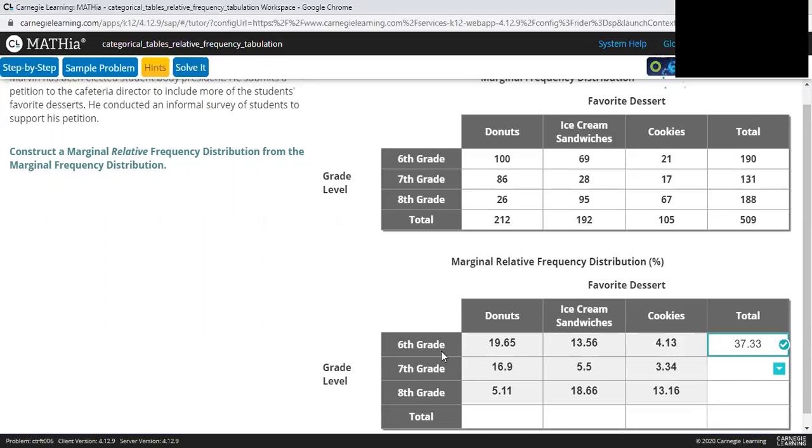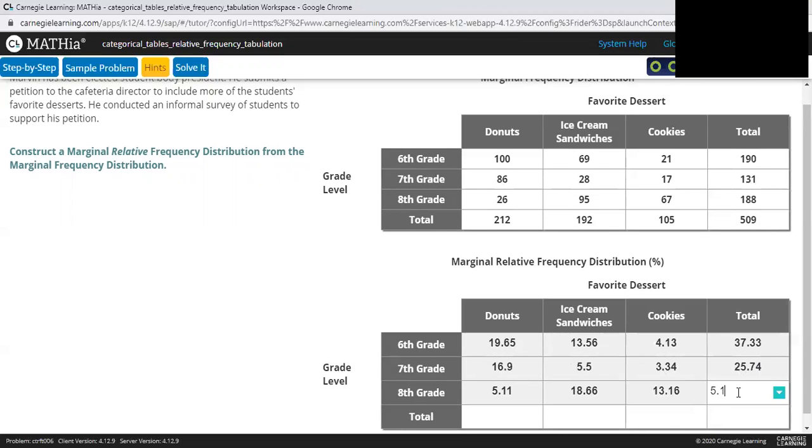So out of the entire population, we have surveyed 37.33% were 6th graders. Okay, so 7th graders, 16.9 plus 5.5 plus 3.34. So 7th grade, only about 25% of the students surveyed were in 7th grade.